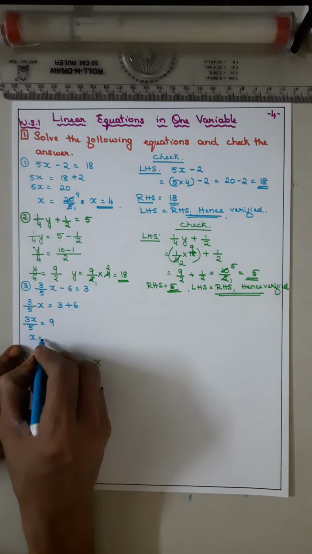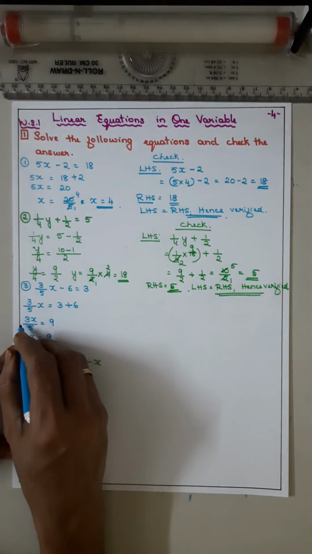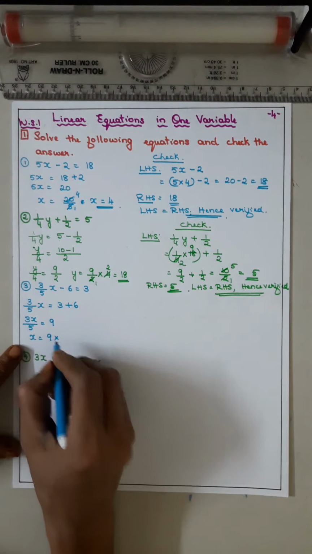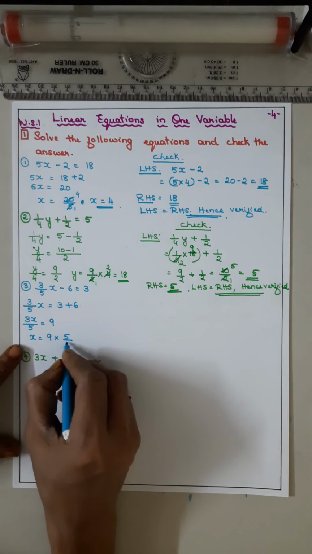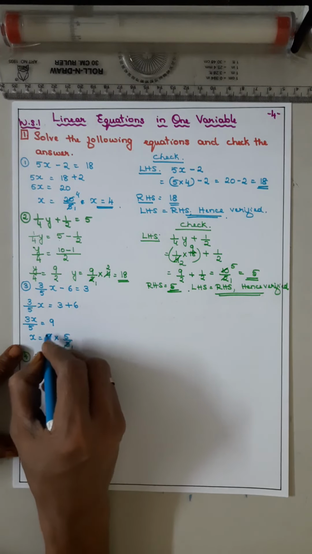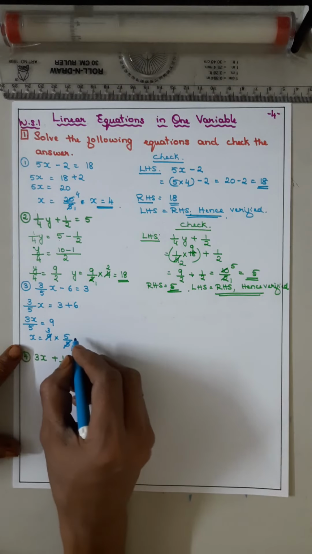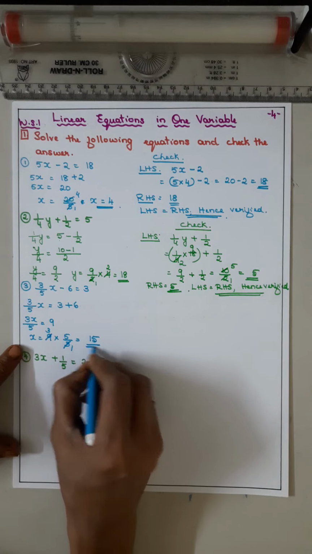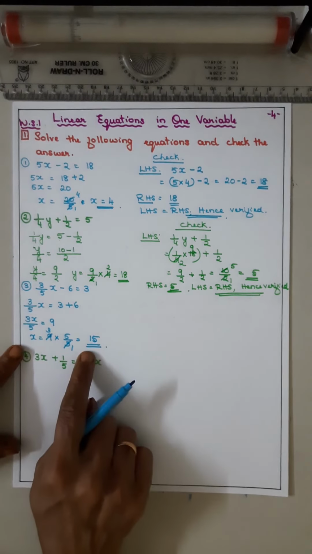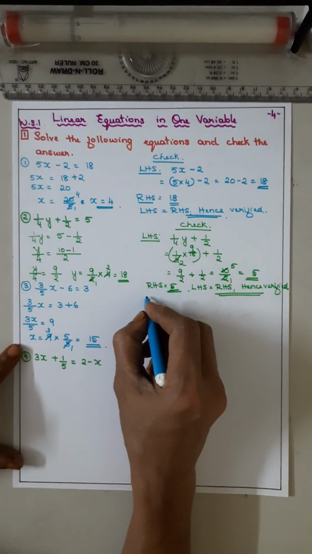So x will be equal to 9 multiplied by the reciprocal, 3 by 5 becomes 5 by 3. 3 1s are 3, 3 3s are 9. So it will be 3 5s are 15. So x, how much you got? 15. Now check.